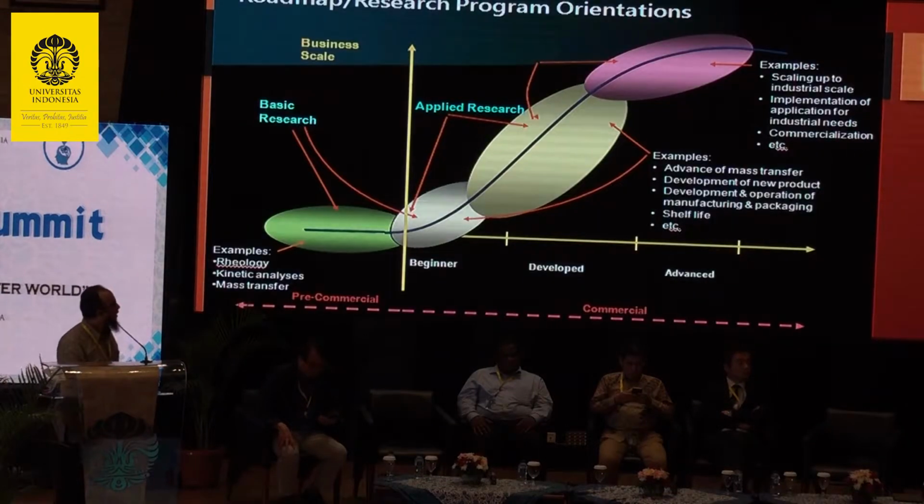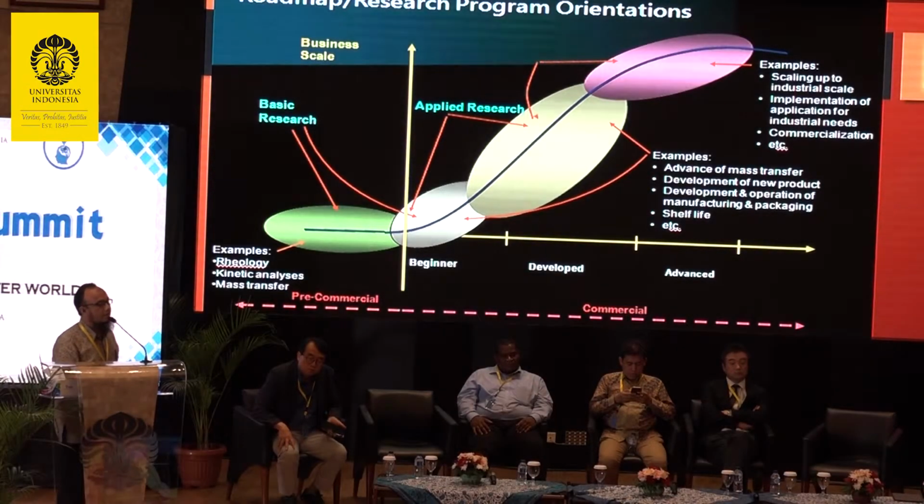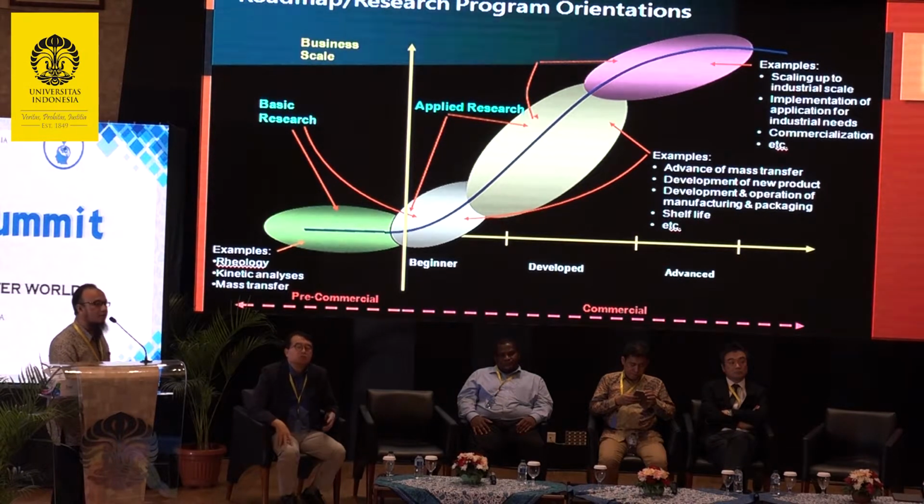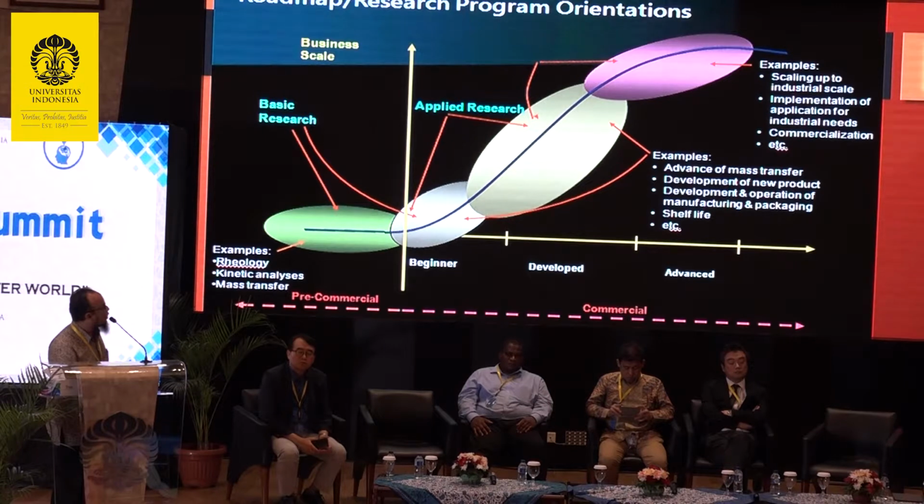We have this kind of roadmap of our research, from basic research, and then we try to commercialize our research or apply our innovation from the beginning step until the developed step. For example, advanced mass transfer, development of new products, development and operation, manufacturing, packaging, and other things. And then the last step is to be commercialized.